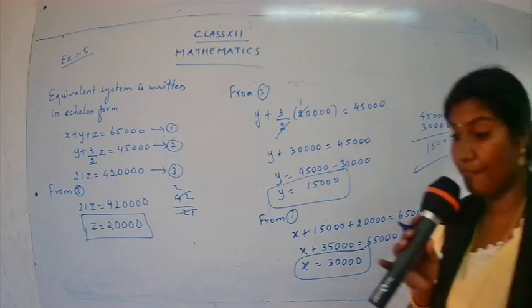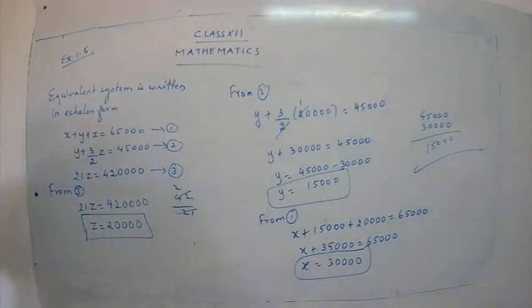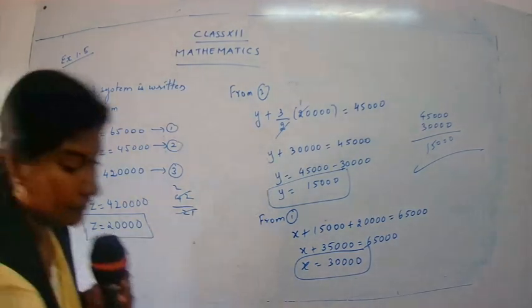So now let's write the final statement. We have solved and we have found all the 3 unknowns, that is x, y and z. So let's complete our final answer. We will refer to the first statement that we have written for completing our answer.